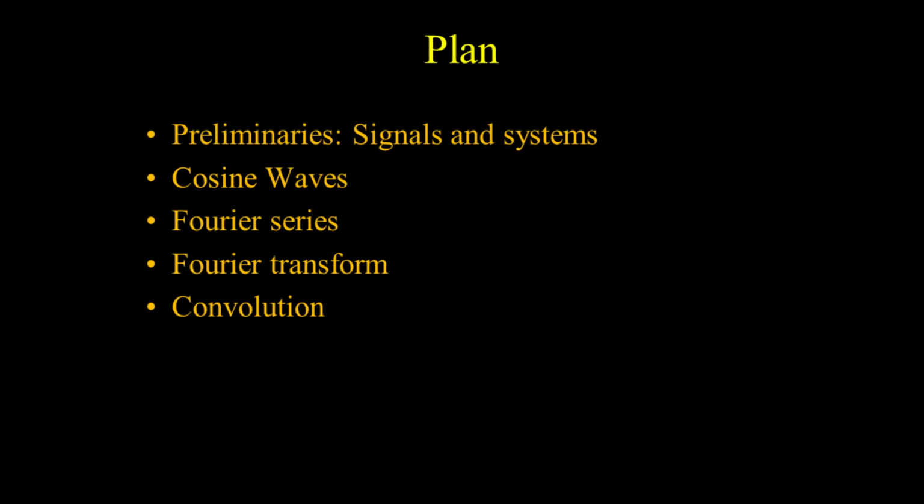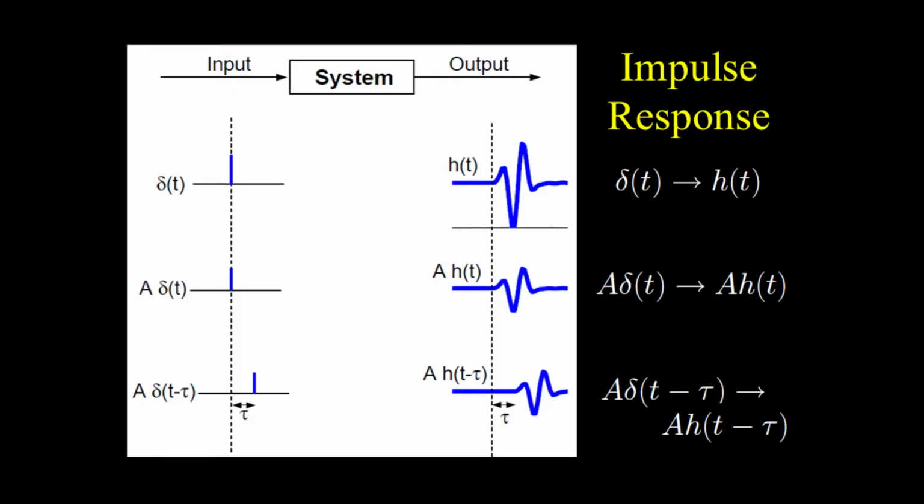Before we define the convolution relation, it is useful to first introduce the notion of the impulse response of a linear system. A unit impulse, delta(t), as an input to a system, as described here, produces an output signal, h(t), which is called the impulse response of the system.